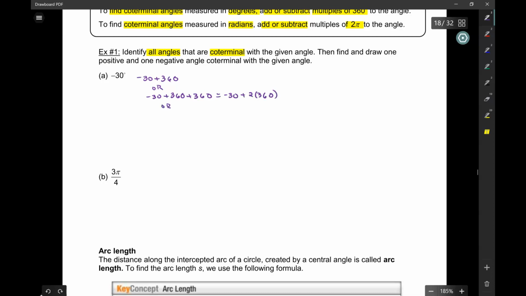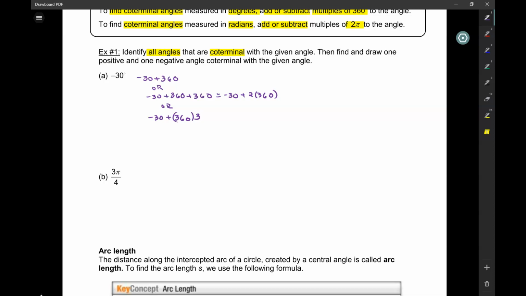Or I could do negative 30 plus 360 times 3, right? So you could keep going. I could add another 360, and then I'll be at negative 30 plus 3 times 360. Or it could be negative 30 plus 5 times 360, or 100 times 360, right? So I could add any number of 360s that I like. I could add 360 times whatever my age is at that moment, right?